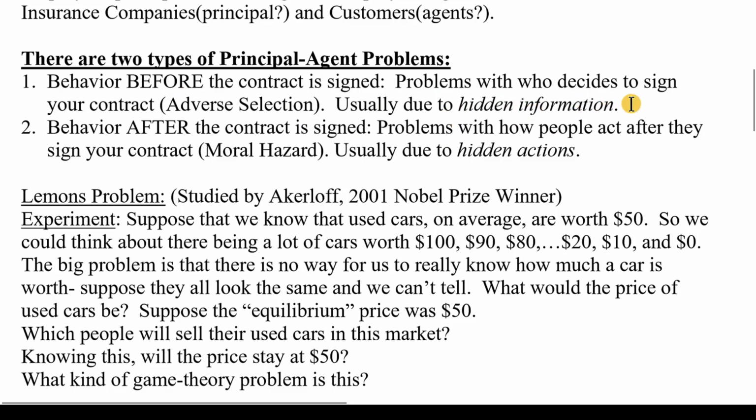There's hidden information. The person who's been driving the car for the last 5 or 6 years really knows the details. Does it not run very well when it's cold? Does the transmission all of a sudden just not work on some days, right? That's going to be hard for the buyer to find out.